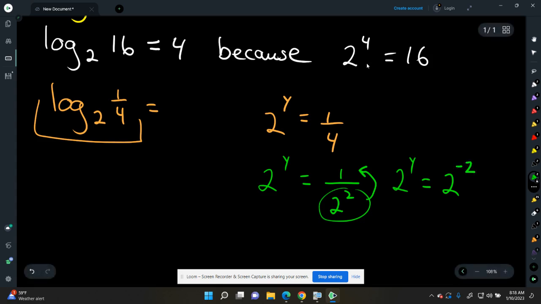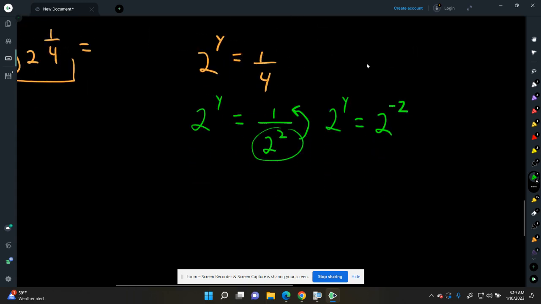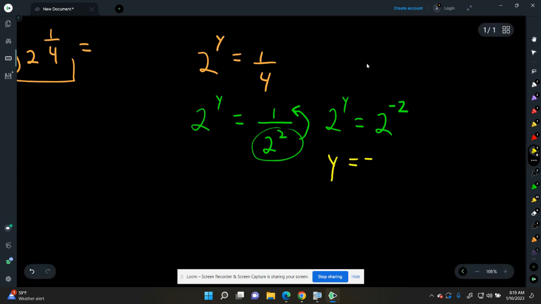Good. 1 over 2 squared, if we move it up, remember our properties of exponents, right? That's -2. So now I have 2 to the power of y equals 2 to the -2. So what does y equal? -2. Y equals -2.